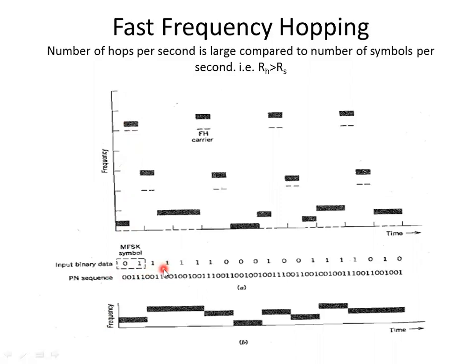You can see one is here, other is here. What are the frequency values in the two different hops now? 0, 1, 1 is F3, and 0, 0, 1 is once again back to F1, etc.